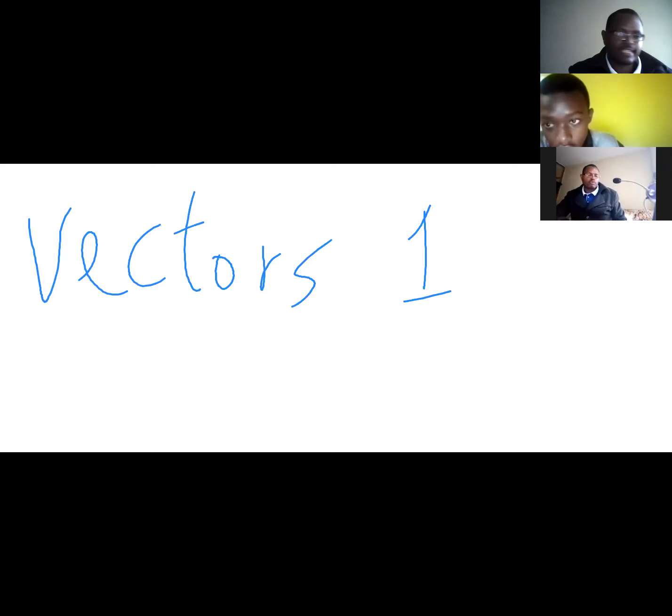So, definition of vector, you can say, this is a quantity which has both magnitude and direction. A quantity with both magnitude and direction. You can write that.